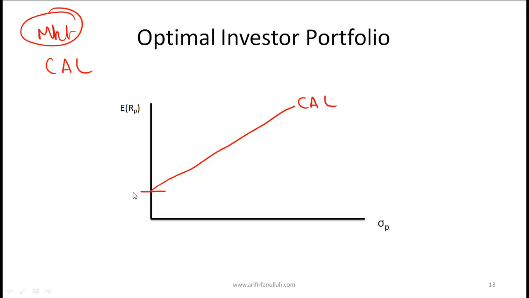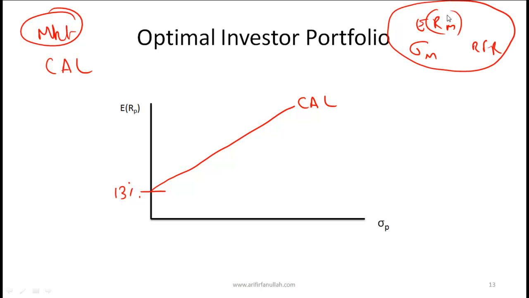This will start at the risk-free rate, let's just take that at 13%, and then this goes up. The slope of this line, as we discussed earlier, depends on the riskiness of the market, the expected return of the market, and the risk-free rate. So based on these numbers in the market, we plot the capital allocation line.